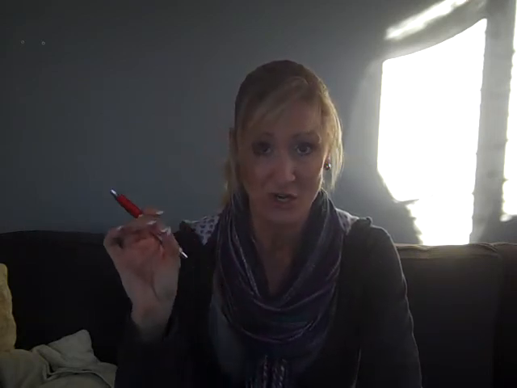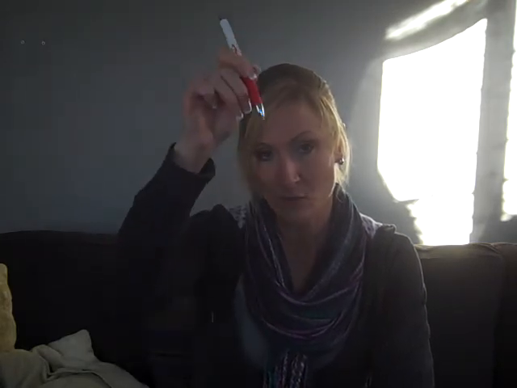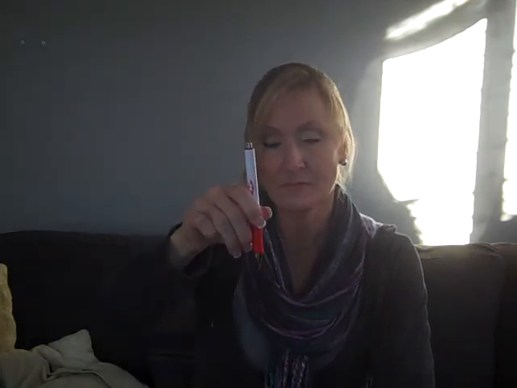Then neurogenic shock. Neurogenic shock happens because of the loss of the autonomic nervous system, and specifically the sympathetic nervous system. So if you remember, the sympathetic nervous system runs down the spine, and exits at the level of T7 or C7.